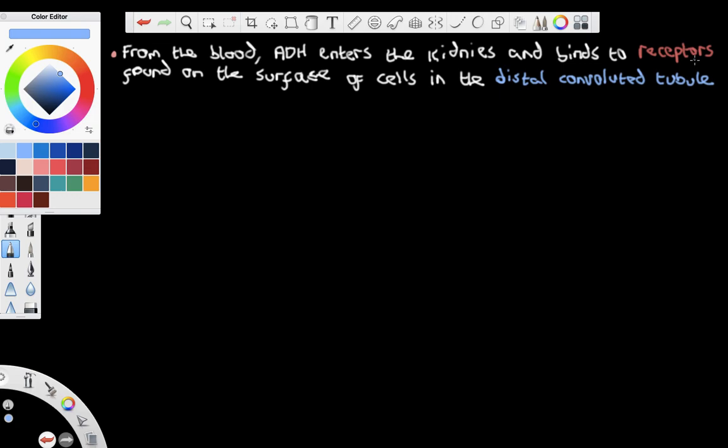Now, when ADH binds to these cells, it activates an enzyme known as phosphorylase.